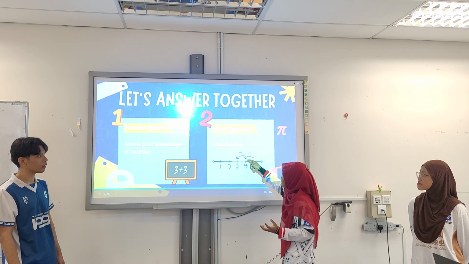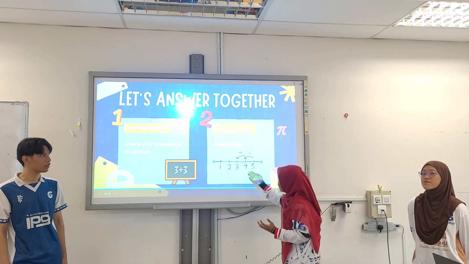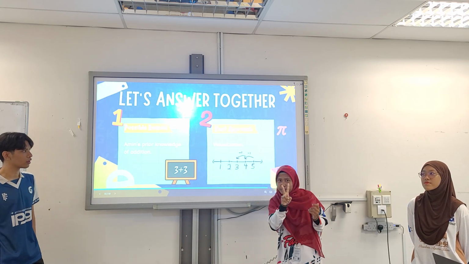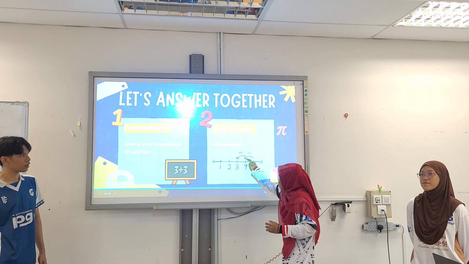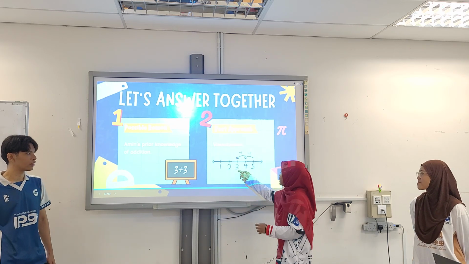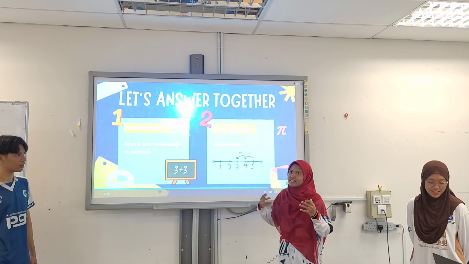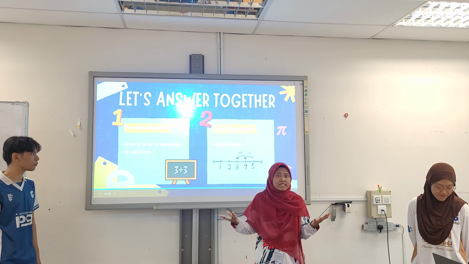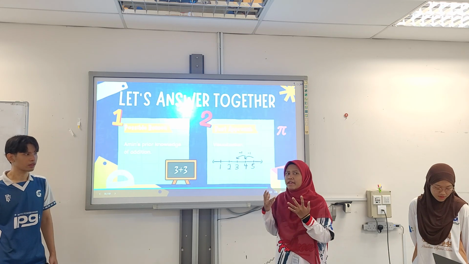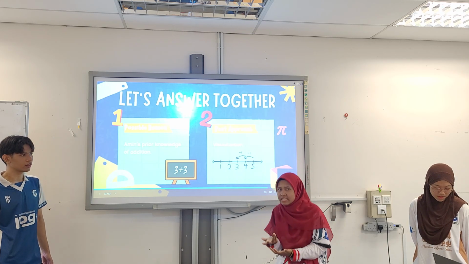Then when it decreases, the number before 5 is 4. But we don't take only 1 fruit away, we take 2 fruits. So we jump back, and then we will get 3. Therefore, maybe, perhaps, he will understand that subtraction happens when fruits are decreasing.